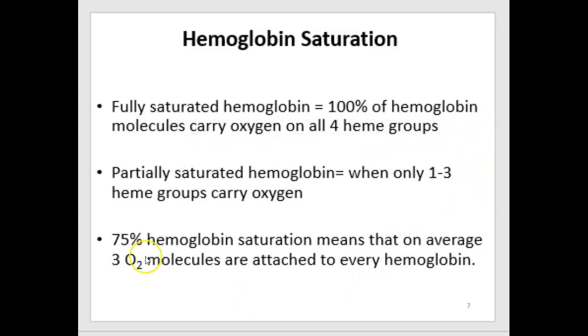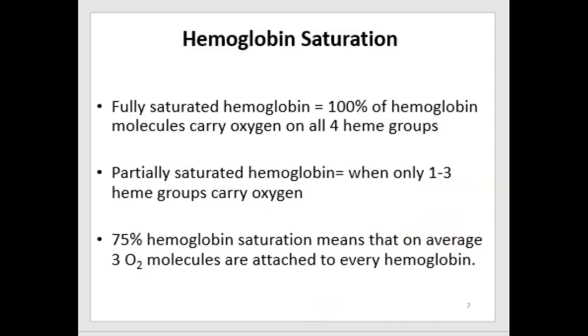But there's some hemoglobin that's probably partially saturated, usually, depending on where you are in the bloodstream. And partially saturated hemoglobin means that there's only 1, 2, or 3 oxygens on a hemoglobin molecule on average.